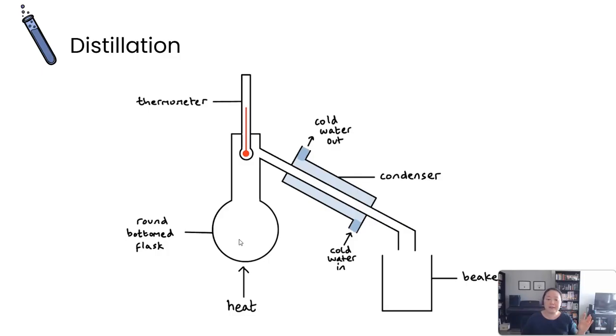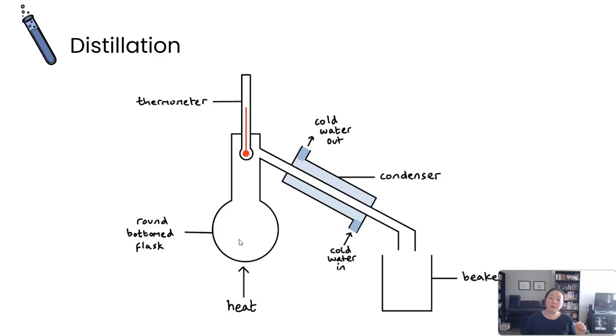Now, this condenser is going to take that gas, and since you're using cold water and you're going to have it flow around this tube, it's going to cool down that gas from the boiling, and it's going to go from gas to liquid again, which is what you are collecting in this last beaker.